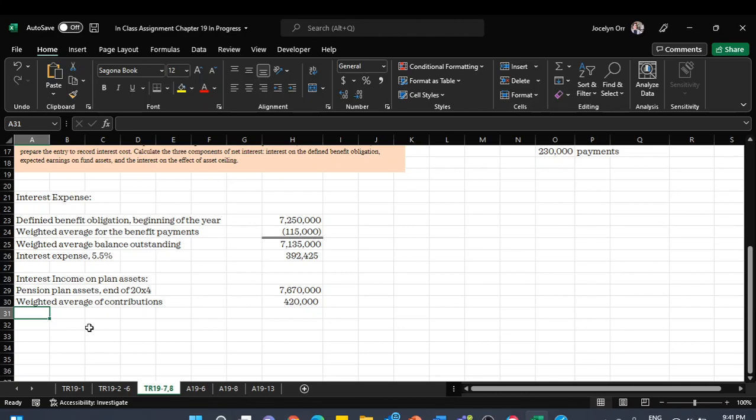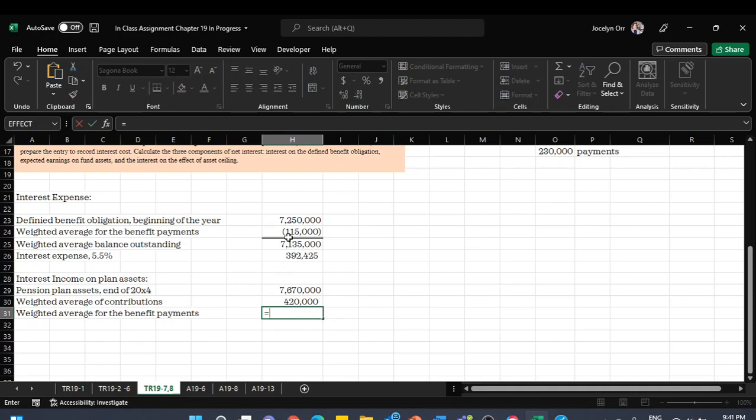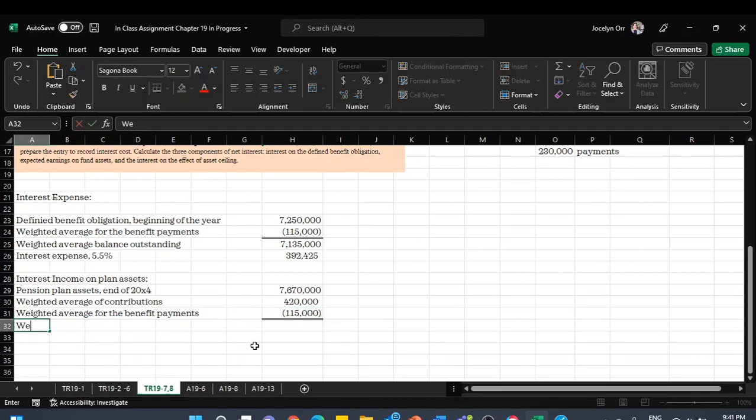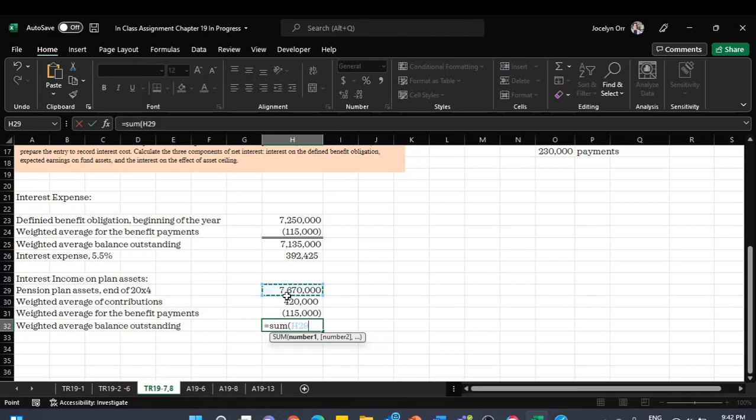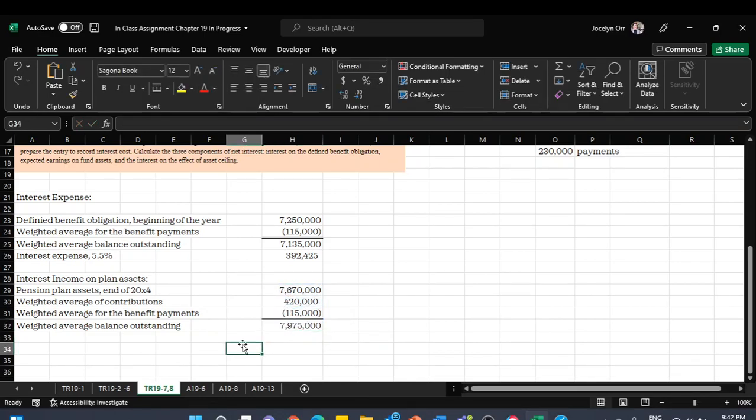Next, we bring in the weighted average for the benefit payments, which we calculated above as 115. When we sum all of this together, it's going to give us the weighted average balance outstanding, which gives us $7,975,000.